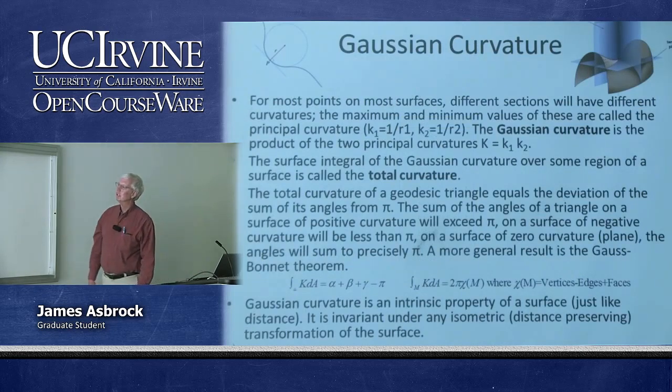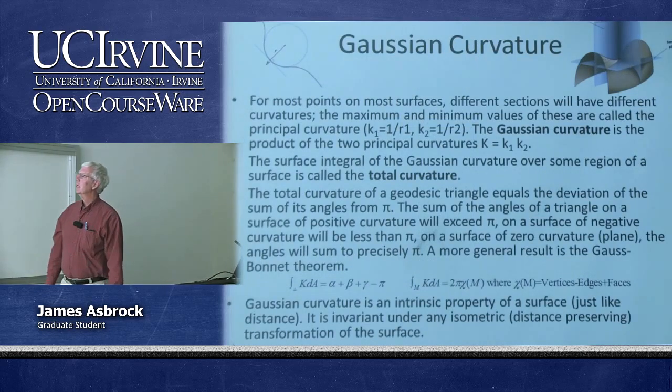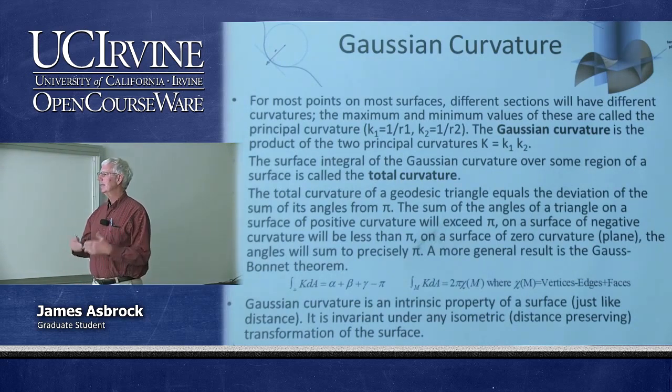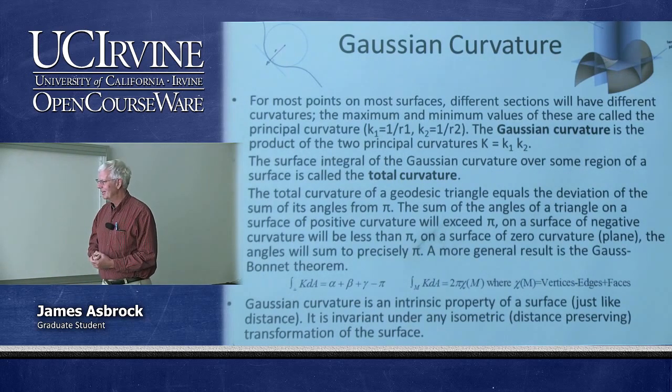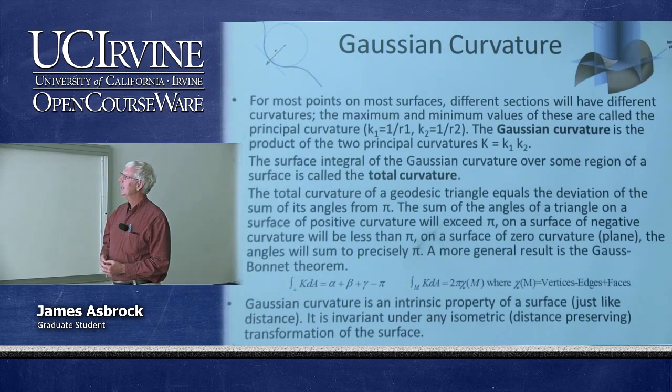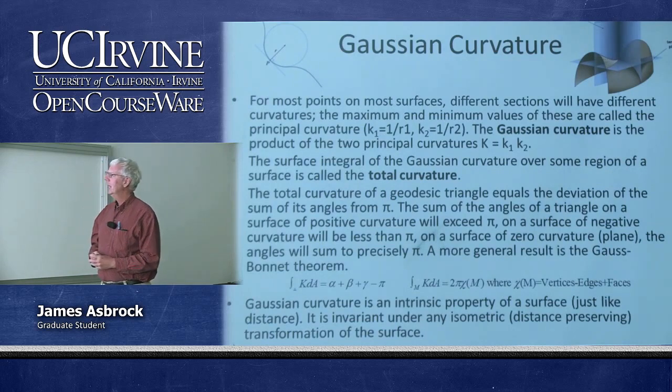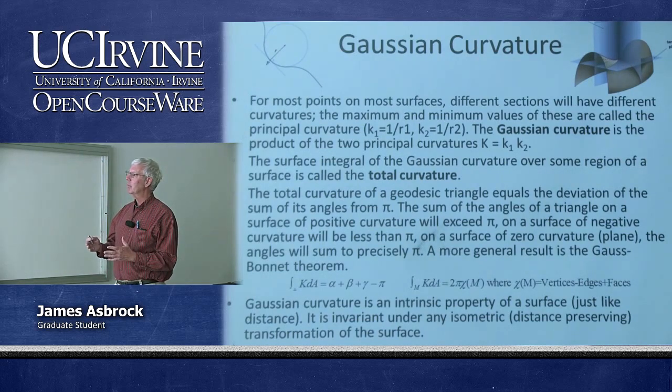So Gaussian curvature. This is a relatively old concept invented by Gauss, who had to survey the kingdom in Germany, and he had to measure all these hills and came out with an idea that was invariant no matter how it was measured.